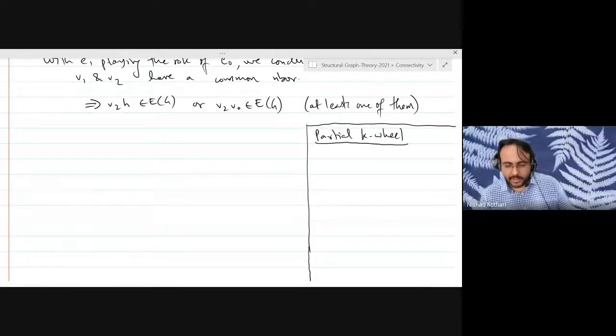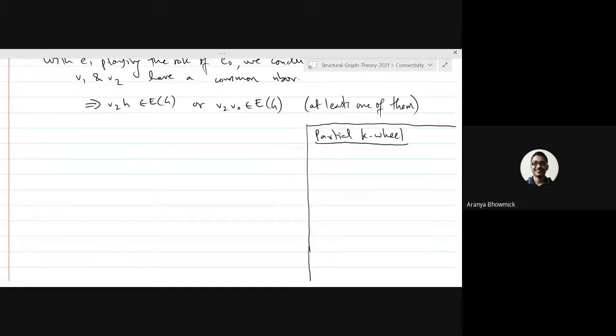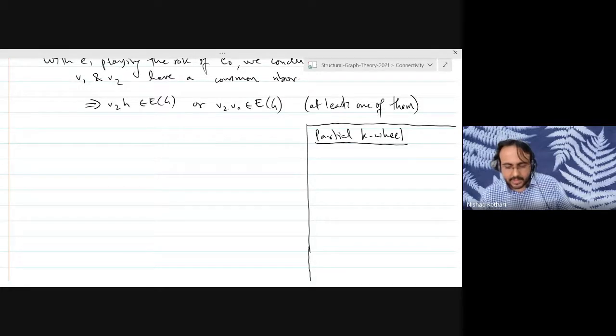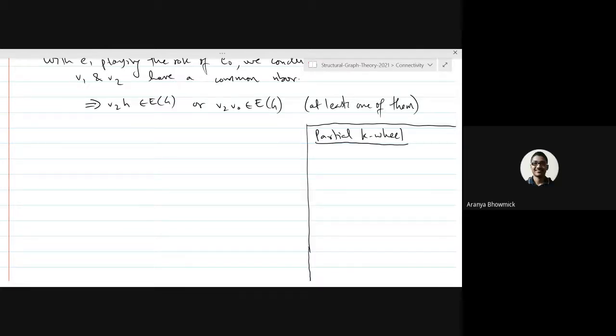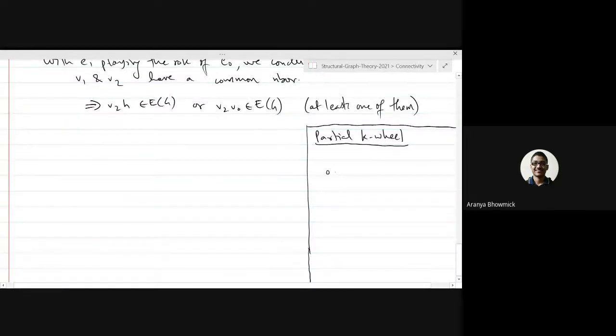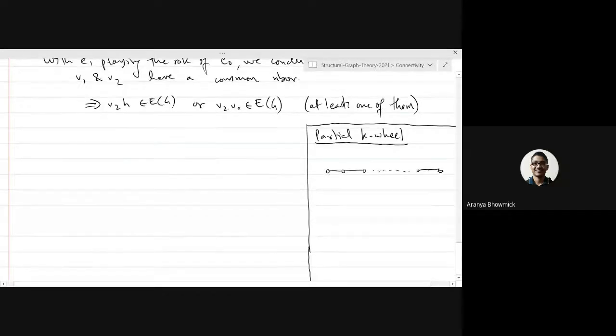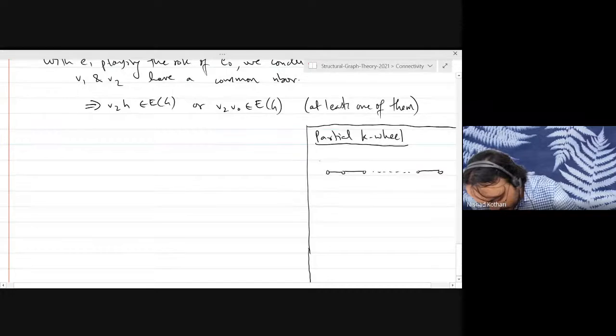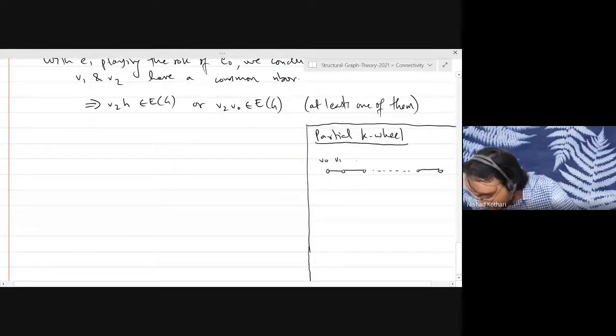No, as a subgraph. Only as a subgraph, okay. Only as a subgraph. If there are any other things that are inferred, that is a different story. But I just mean it as a subgraph. So if the graph G has such a subgraph as a partial wheel, then V0 V2 may or may not be an edge. Right. Okay. So what is a partial K wheel?